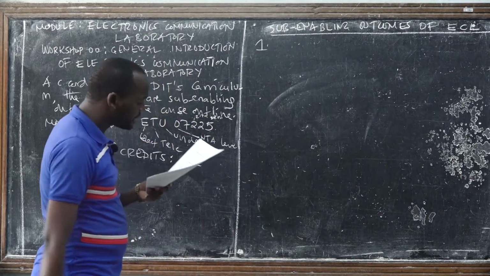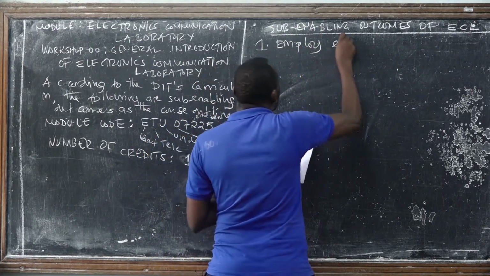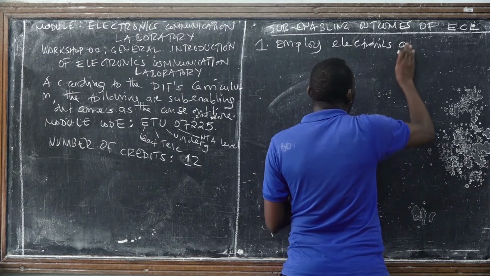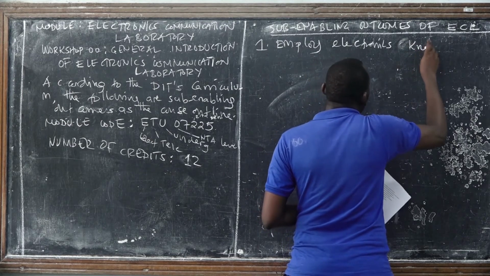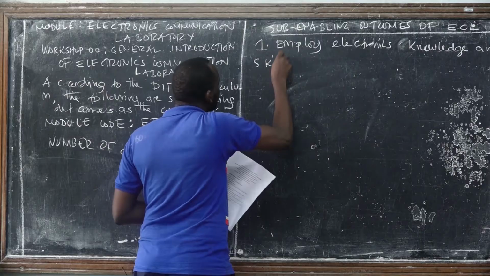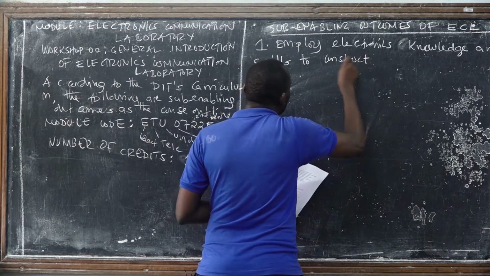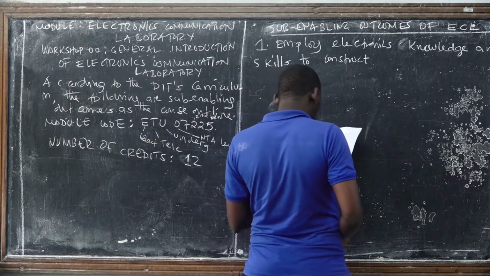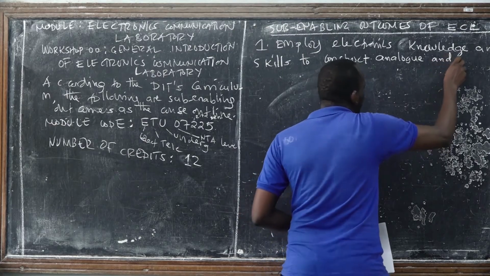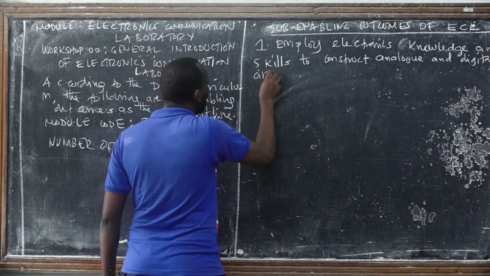So the first is the sub-enabling outcome. A student has to be able to employ electronics knowledge and skills to construct analog and digital circuits.